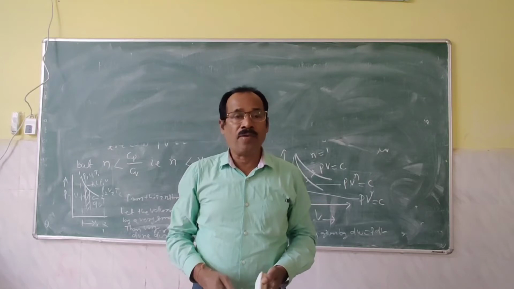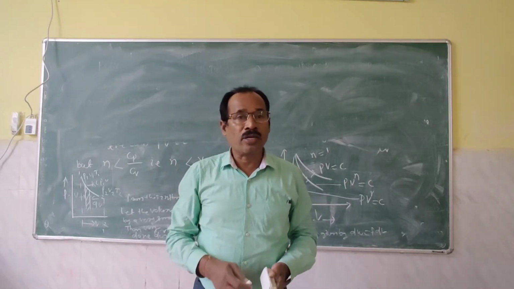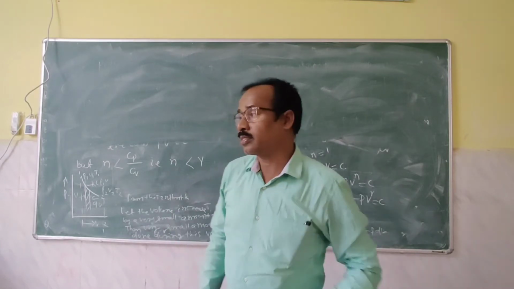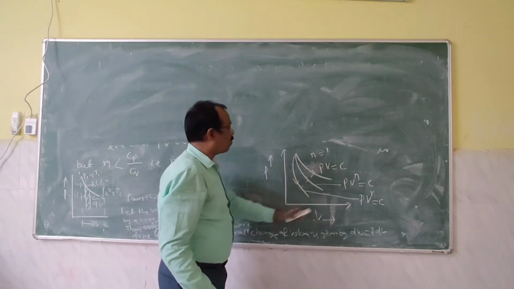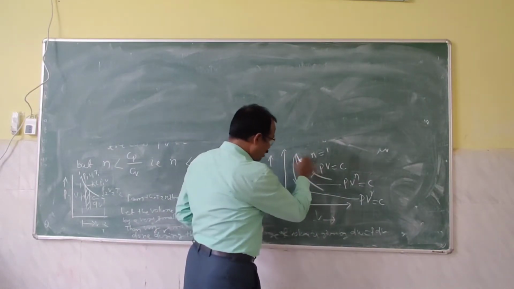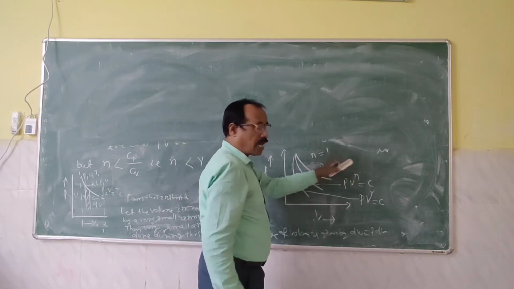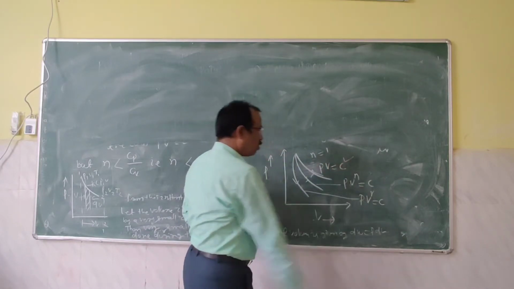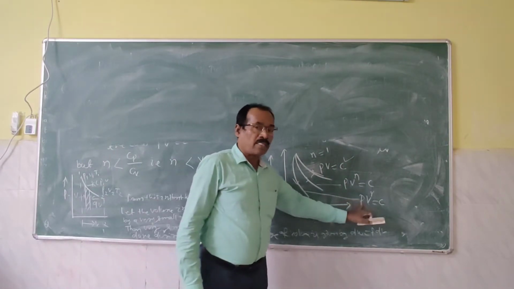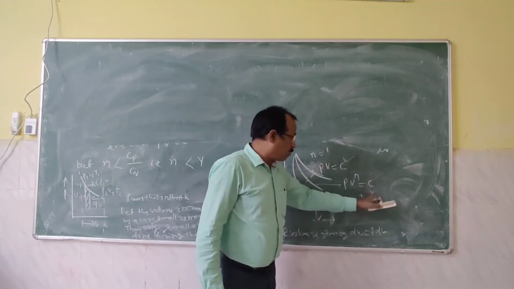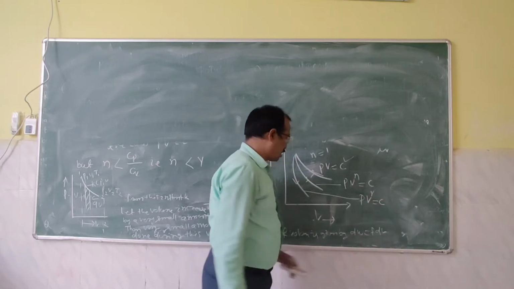Now I will derive what is the work done during polytropic process. Here this is the pressure volume diagram. Here this is the isothermal process, that is Pv is equal to C. This is adiabatic process, that is Pv to the power gamma is equal to constant.